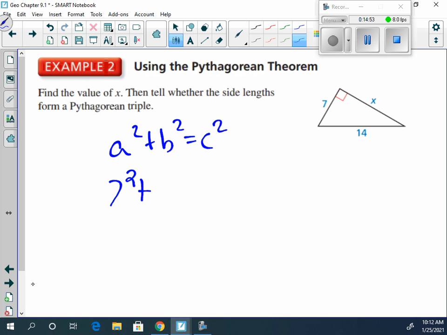So the A and B are the legs, yes? What are our legs? 7 and x. The hypotenuse is always opposite the right angle. So in this case, it would be 14.